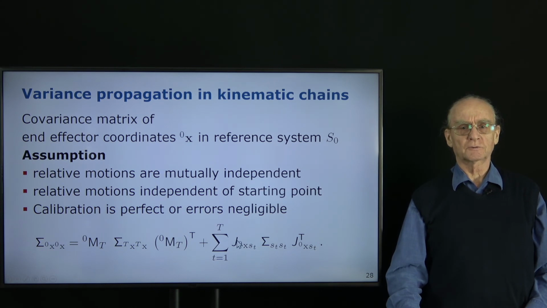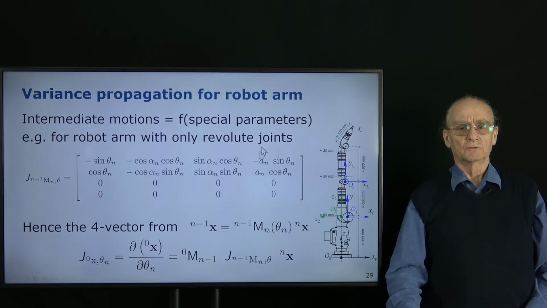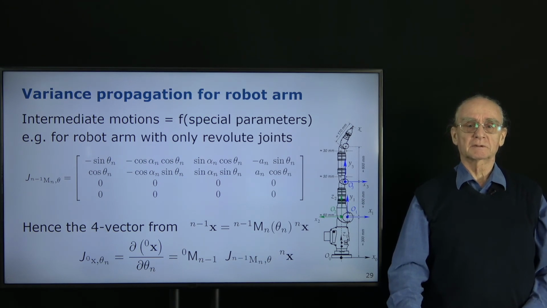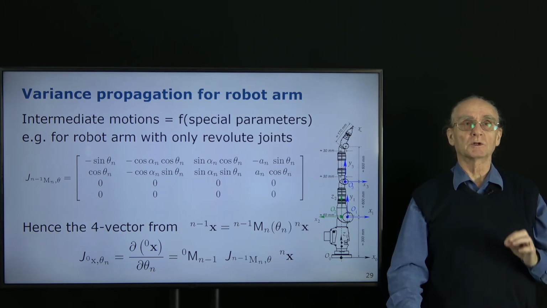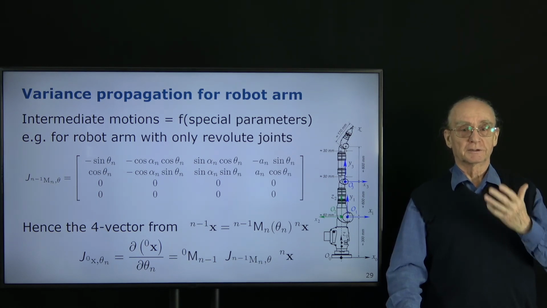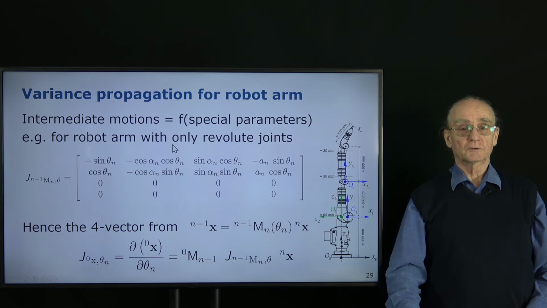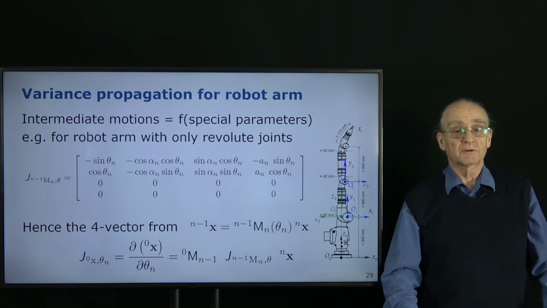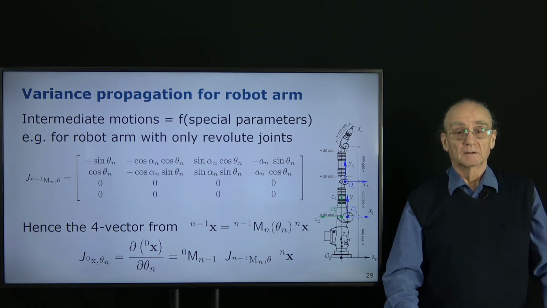Now, how does this look for the robot arm? There we have a little bit special situation, because we have only one parameter per individual joint. So we just have to differentiate this 4x4 matrix, which we derived previously, with respect to theta. Okay, we remember there are zeros here.